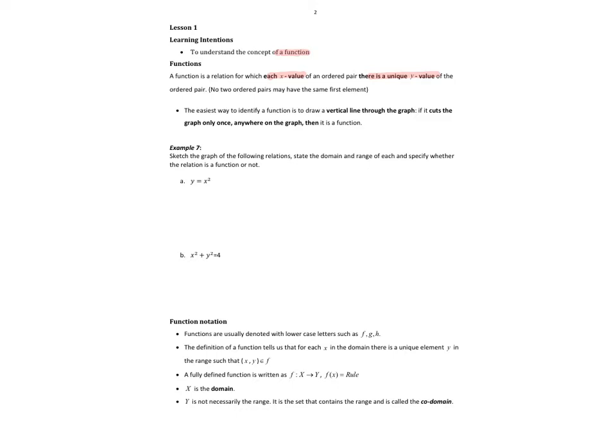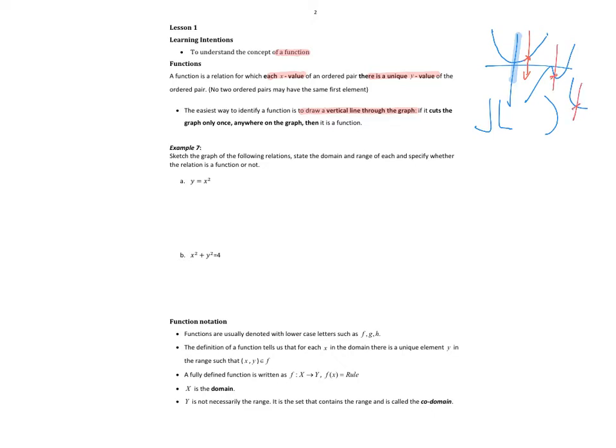And it really is visually the easiest way to determine this: if you draw your graph and you draw a vertical line through your graph and it cuts the graph only once, it's a function. So if you think about the graphs that we've done in the past, like parabolas, cubic, hyperbola, truncus, all of those graphs, if you draw a vertical line, it crosses only once, yeah?